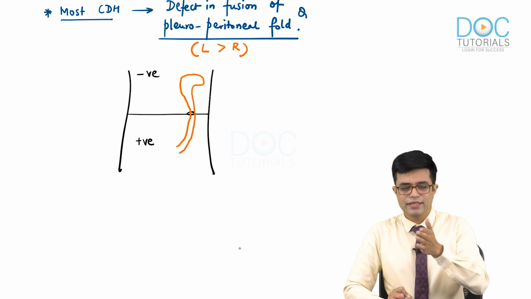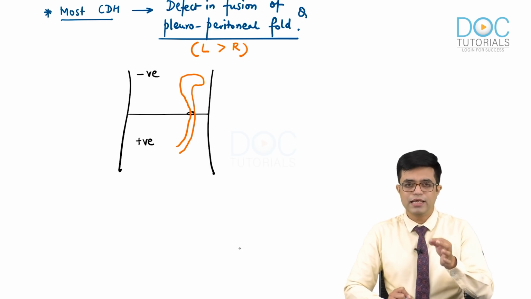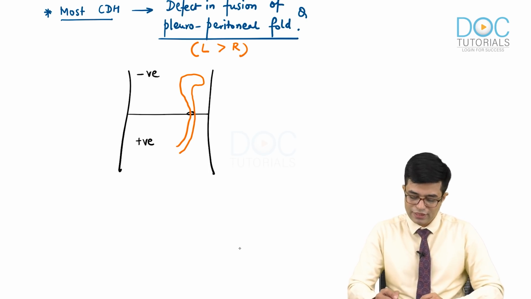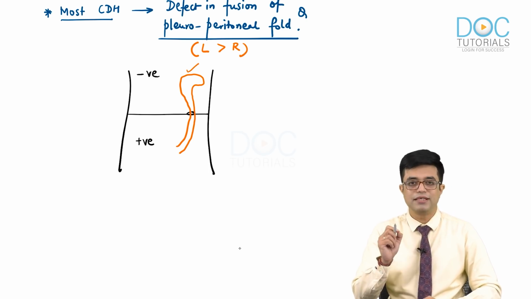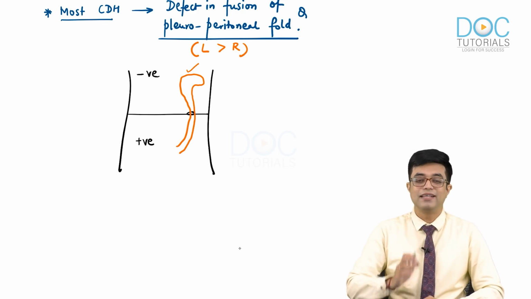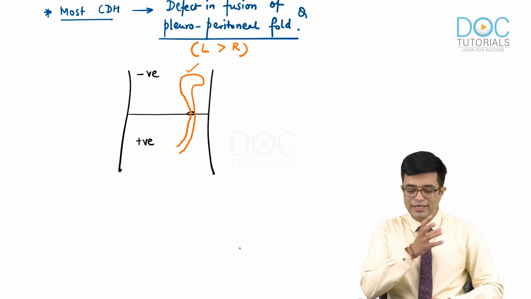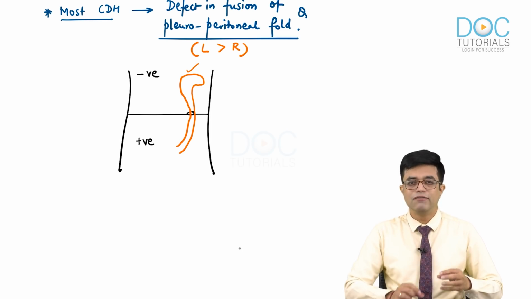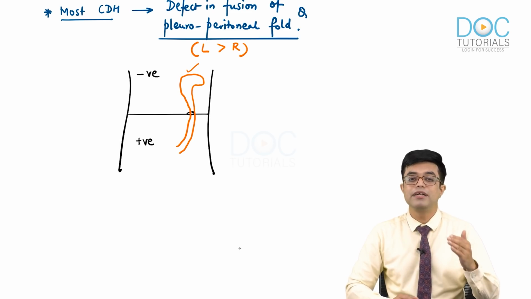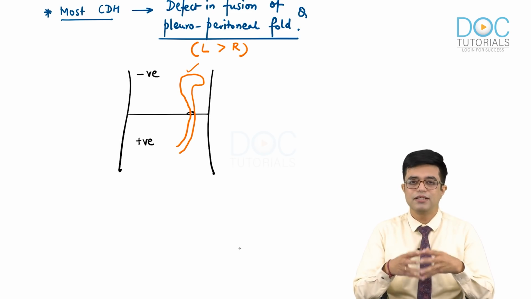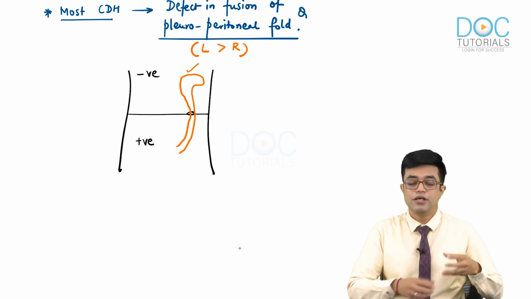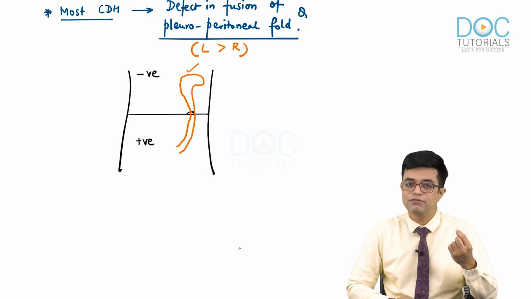Now, as age advances in a fetus, the time of lung parenchyma formation will come. But in the area where this structure is present, lung will not form. So, it will cause ipsilateral pulmonary hypoplasia. That means, on the side where herniation has happened, there will be a variable degree of pulmonary hypoplasia. Hypoplasia means kam banega, less formation. So, there will be pulmonary hypoplasia on the affected side.